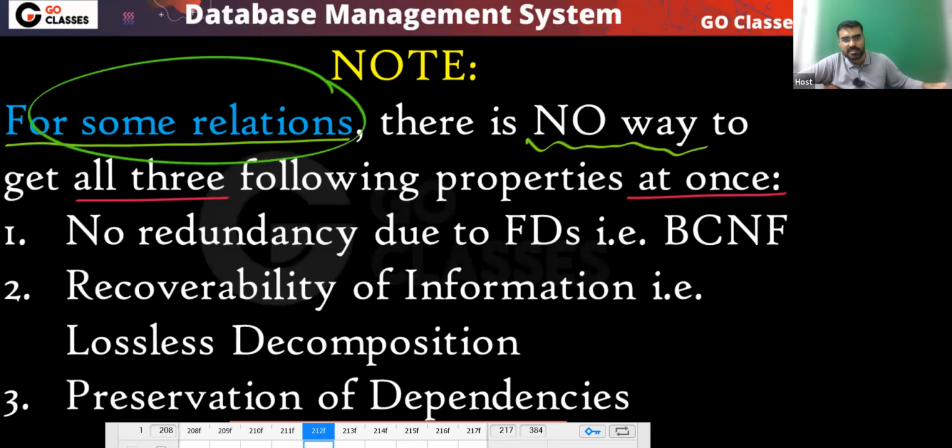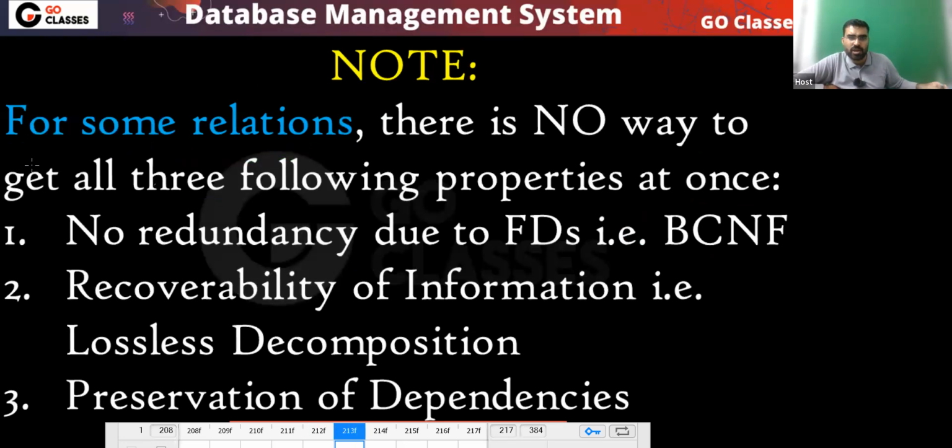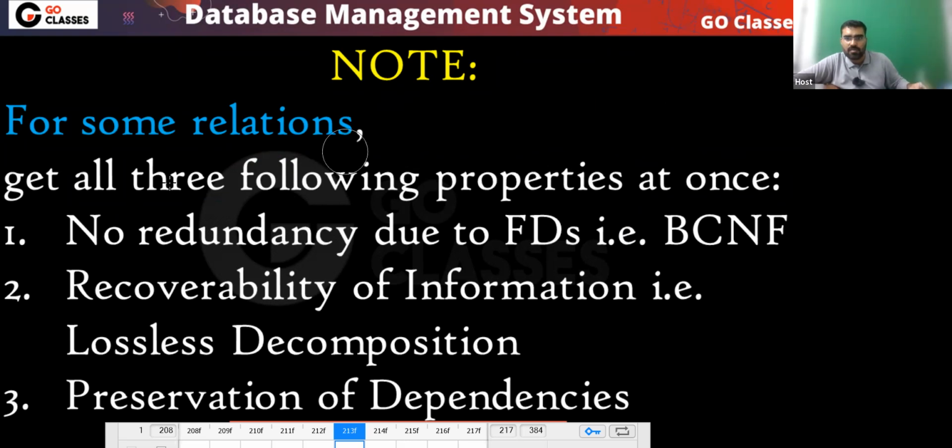For some relations, can I say you can get them? Yes, for some relations we can get them, and for some relations we cannot.